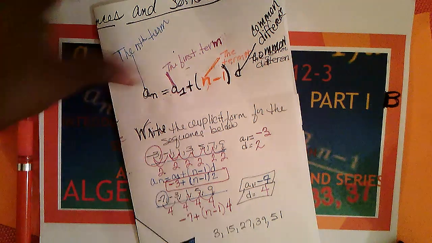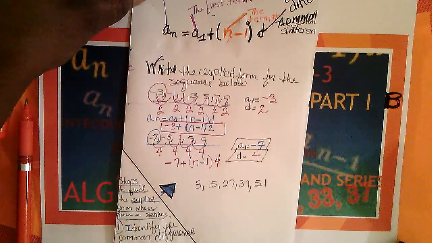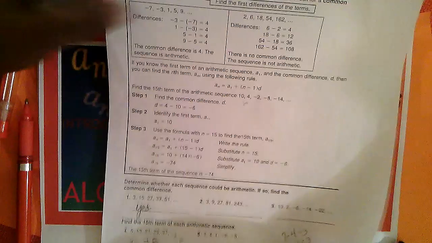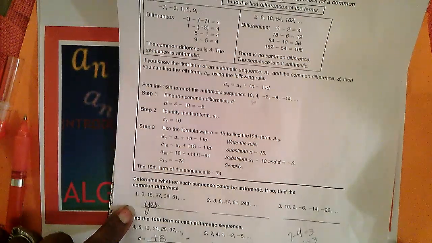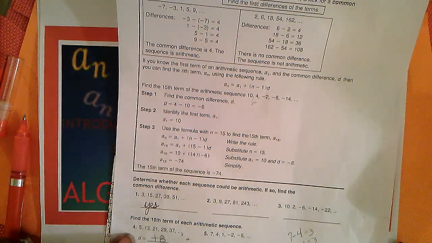Now, I go ahead and finish those steps. So if you look on that same form, 12-3, we did the series where we're going to find out if it's yes or no. Then we found the difference.